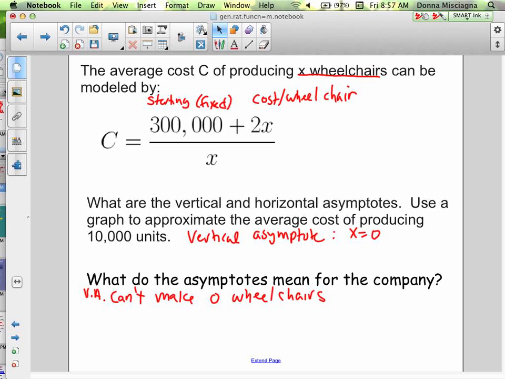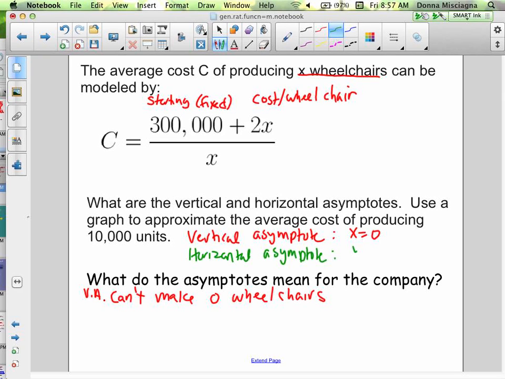And then how about, what's the horizontal asymptote? 2. Y equals 2 is the horizontal asymptote. All right, and what do you think that means for the company? We kind of talked about it.